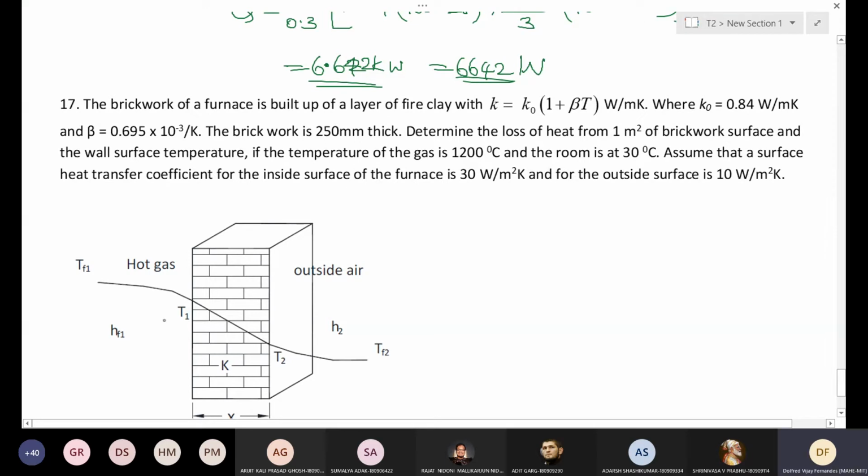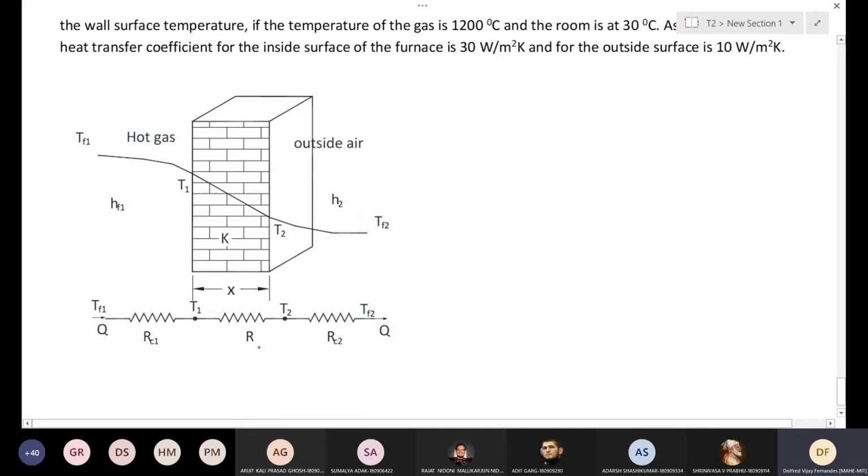So we can see that there are three resistances. On the left hand side we have a convection resistance RH1, then conduction resistance RK, and then convection resistance on the right wall outside here. So you can write the rate of heat transfer by convection. This is Q convection, and let me write this as 1.